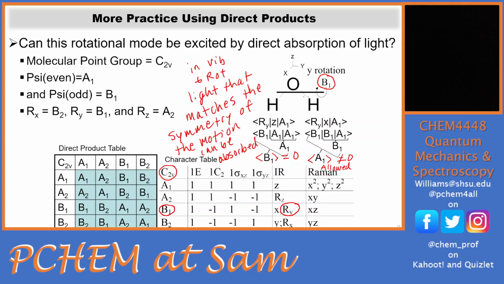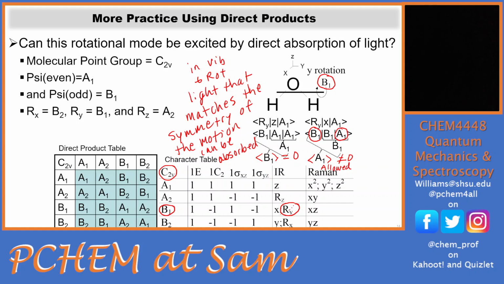And so since this works out that every other level is either A1 or the motion of the molecule, we're either starting in A1 or ending in A1. So we're always going to have an A1 and the symmetry of the motion. And so we need a piece of light that's going to cancel out the odd character of that motion, or be able to interact with it is another way to think about that.